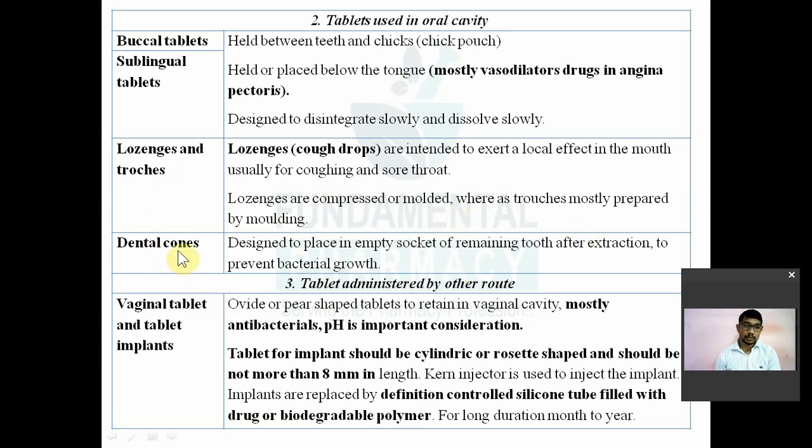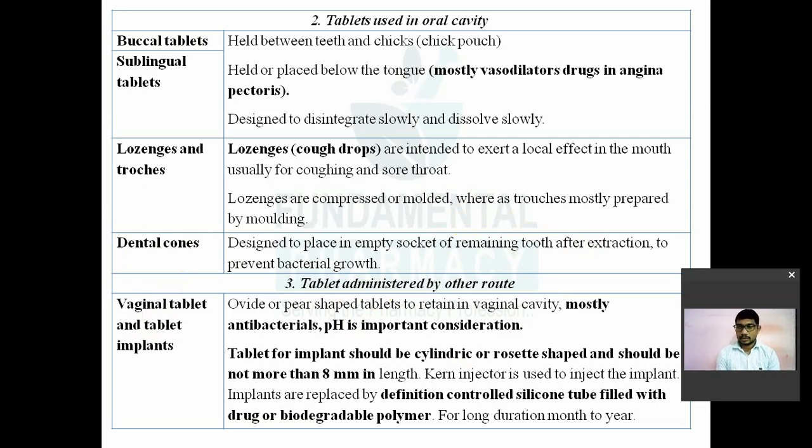Next one is the dental cone. They are designed to be placed in the empty socket of your tooth. अगर आपका दांत निकल दिया है डेंटिस्ट ने after tooth extraction, whatever socket remains is prone to microbial growth.